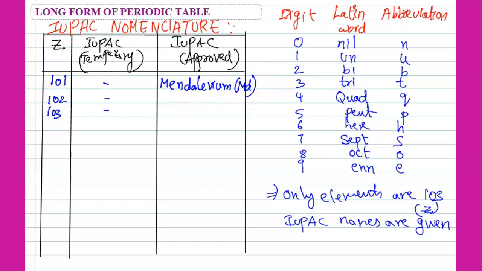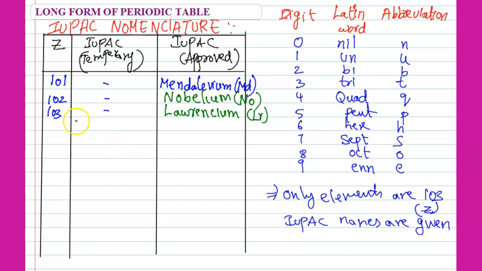You should remember these names with the symbols also, because in previous exams they are given. Next 102, Nobelium, No. Next 103, Lawrencium, Lr.